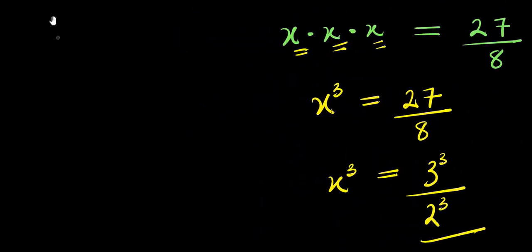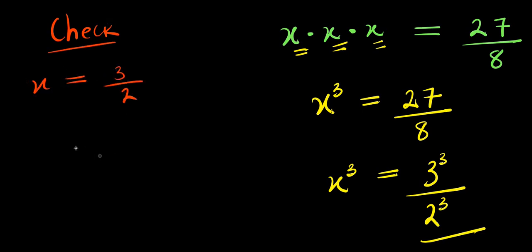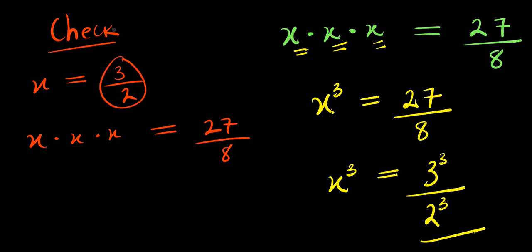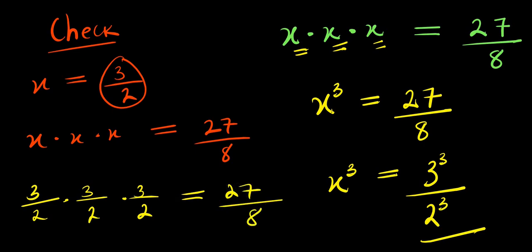So let's check. We have x equals 3 over 2. So we have x times x times x equals 27 divided by 8. And x equals 3 over 2, meaning 3 over 2 times 3 over 2 times 3 over 2 equals 27 divided by 8.